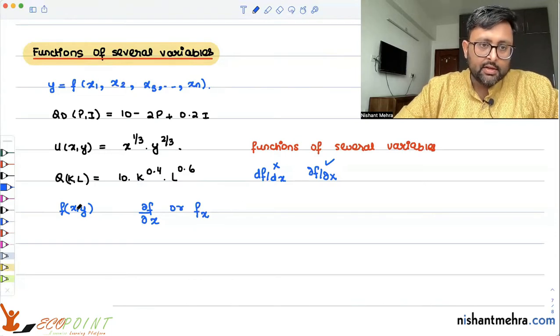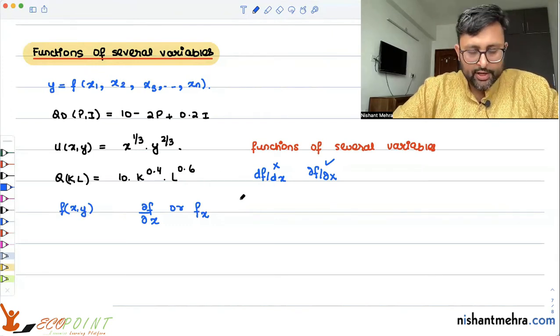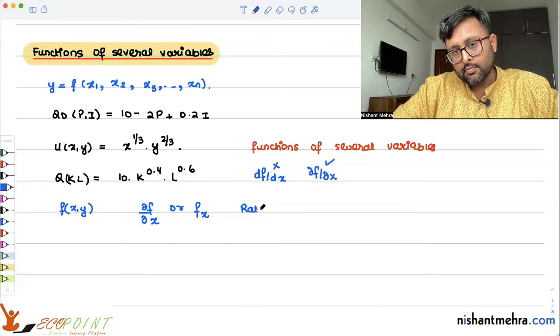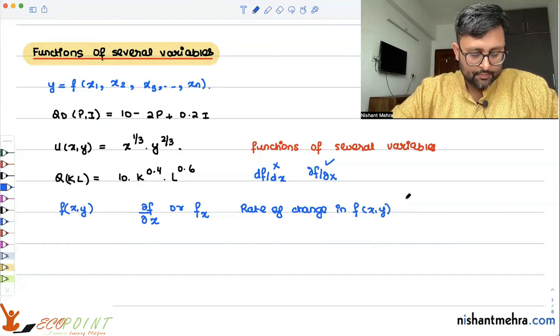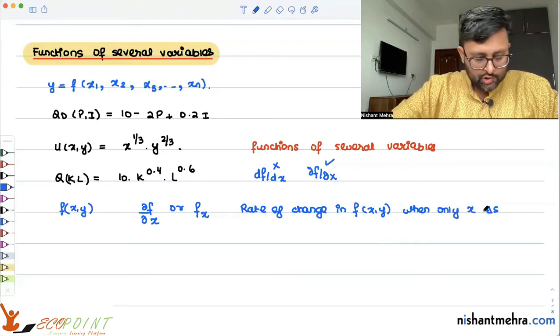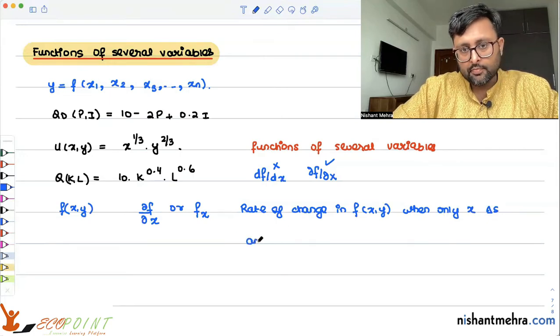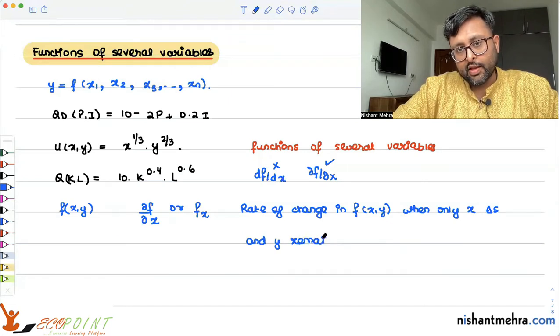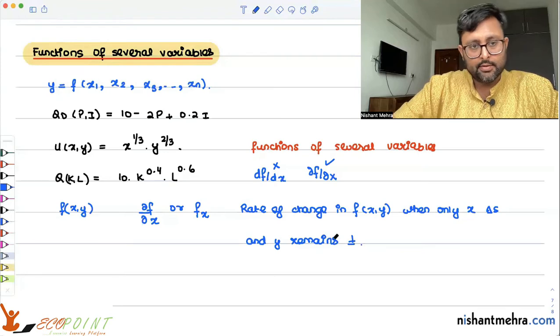So this is nothing but the rate of change in f(x, y) when only x changes and y remains constant, right?